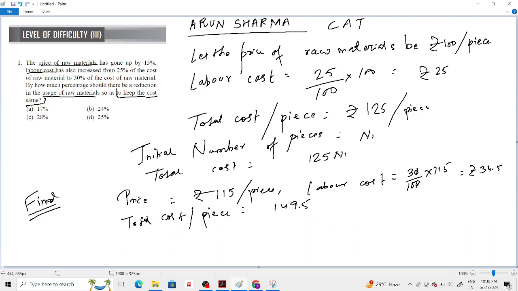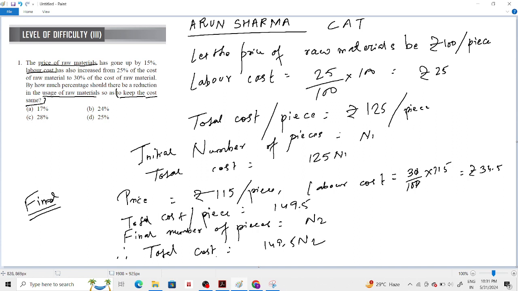Now let the final number of pieces be n2. Okay, so what is the total cost? The total cost is 149.5 n2.